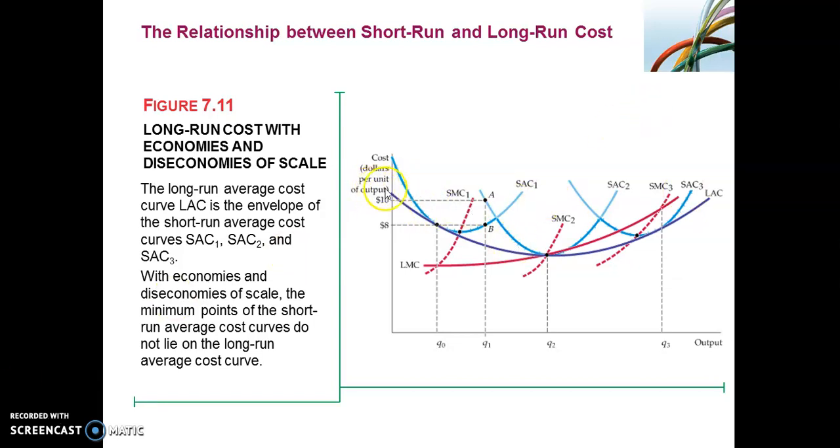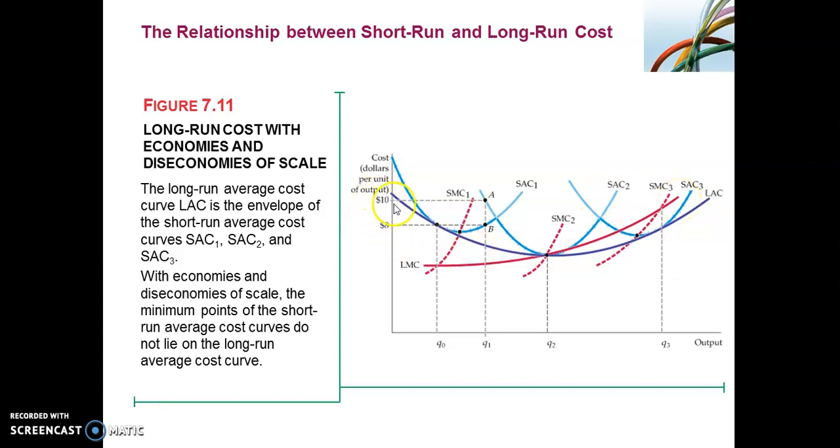We can see that our long run average cost curve, which is this purple curve, is the envelope of all these short run average cost curves. So your long run average cost curve will always envelope these short run average cost curves.